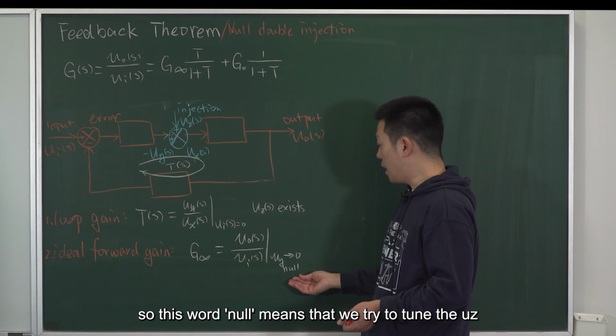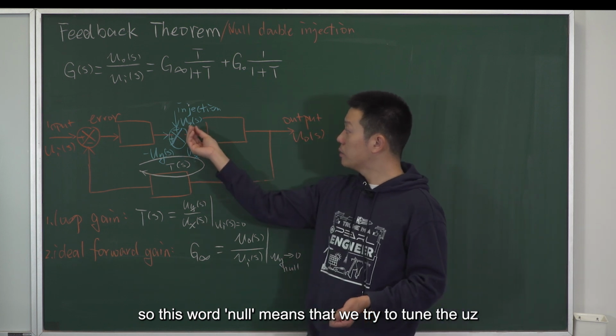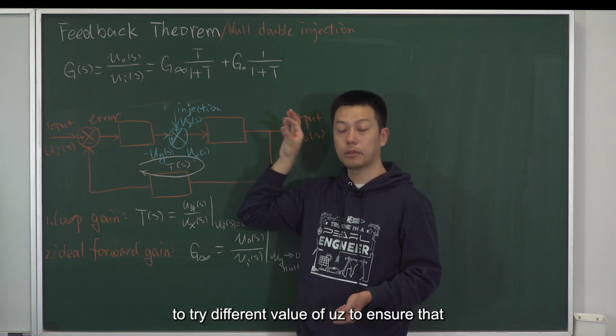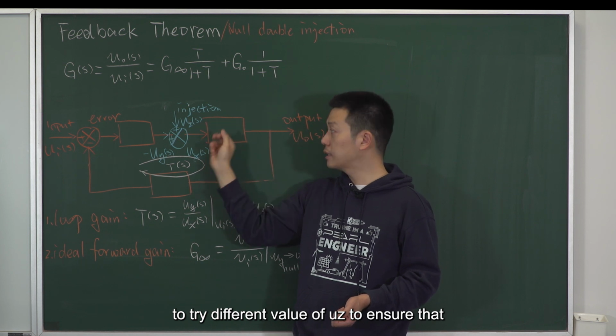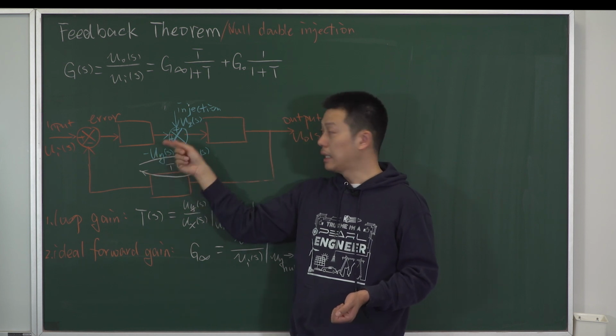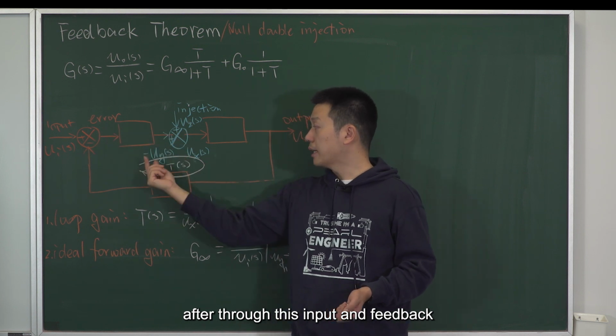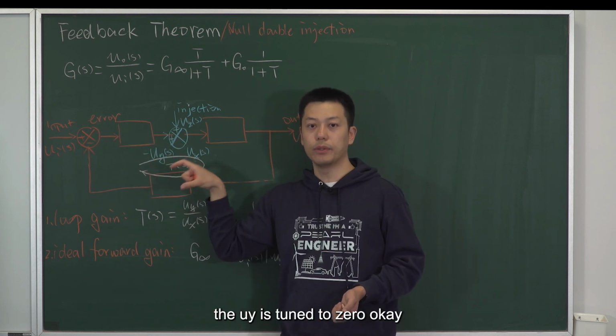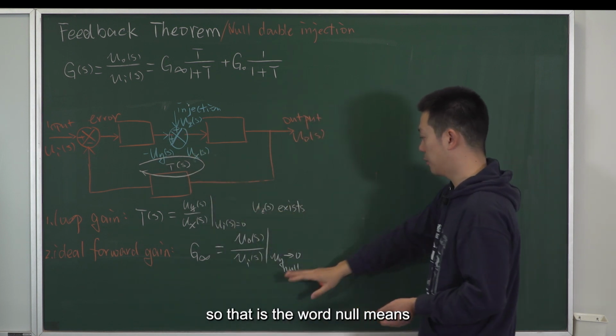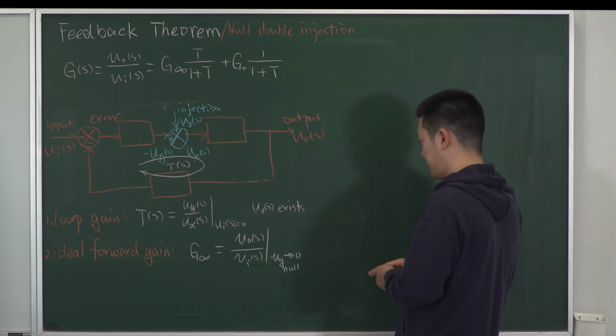So this word null means that we try to tune Uz, try different values of Uz, to ensure that after going through this input and feedback, Uy is tuned to 0. Okay, so that is what the word null means.